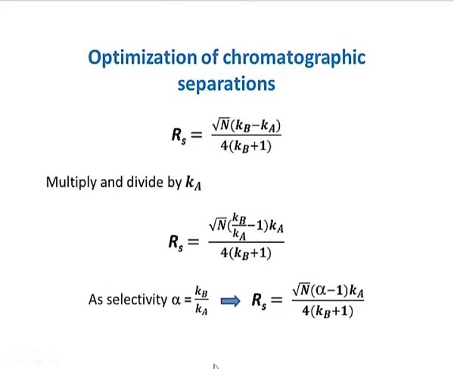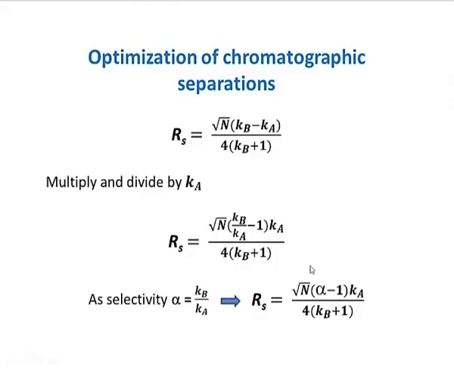Now, we had seen in the previous lectures that selectivity factor alpha is equal to Kb upon Ka. So, if you put this value of alpha in the above equation, you would get Rs equals square root of n times alpha minus 1 times Ka upon 4 times Kb plus 1.